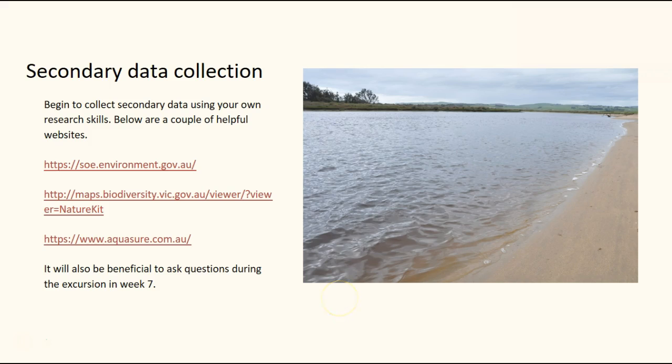Our secondary data collection is data that has come from a different source. This is what we can start looking at now. Go to these websites: the State of the Environment report has environmental indicators which will tell us how we can tell something is healthy, such as water and vegetation cover.